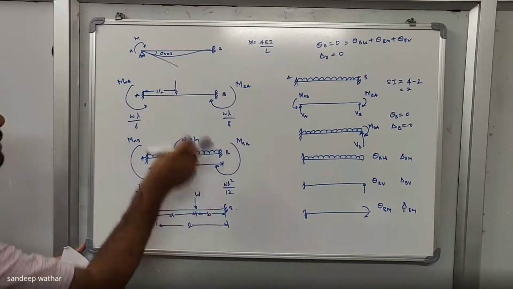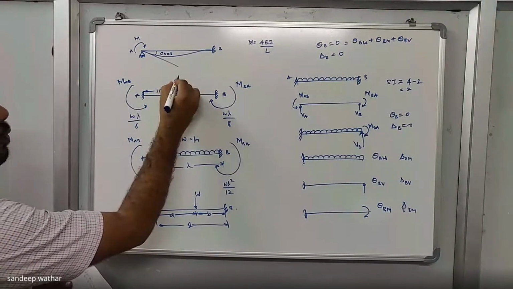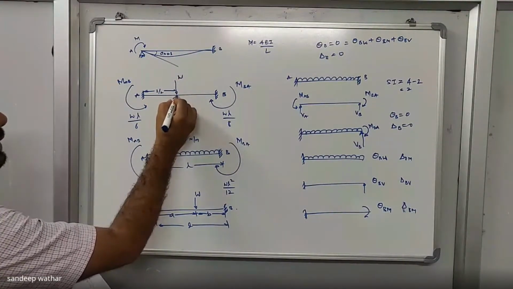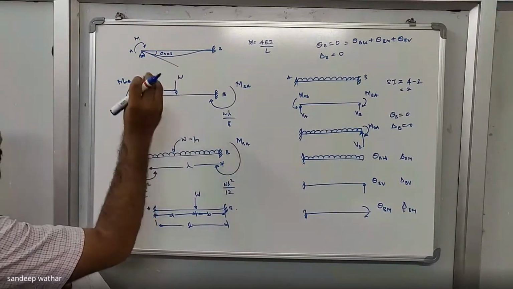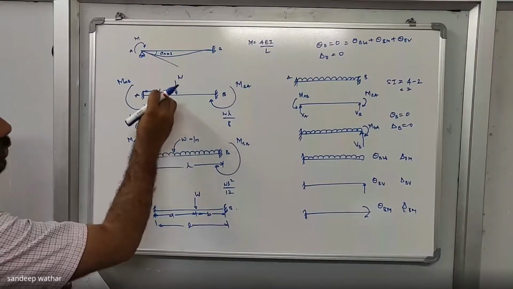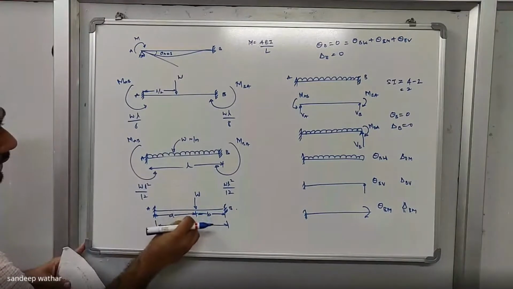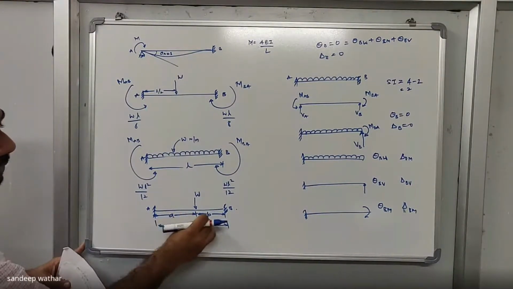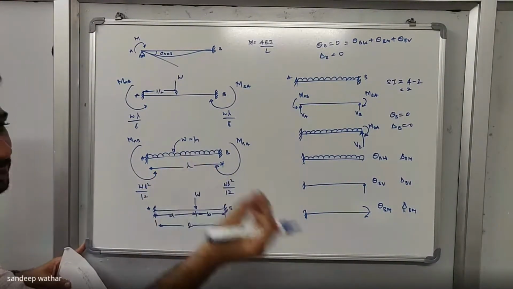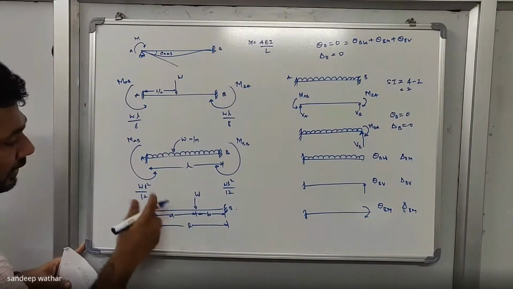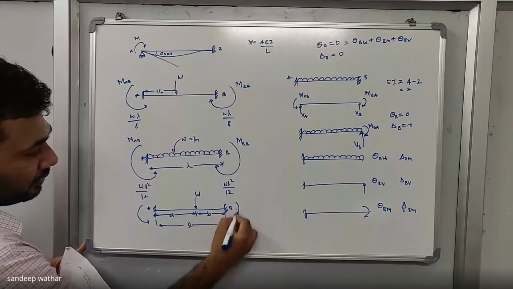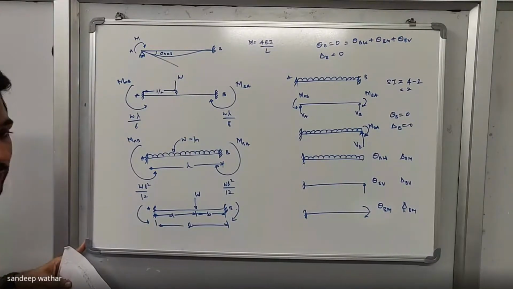For example, in the previous case, W was exactly at a distance of L by 2, half the length from A or B. It was a specific point. It won't alter its position. But in this case, A and B are arbitrary values whose values can be changed. It means you can alter the W position, but still the formula for end moments will remain the same.